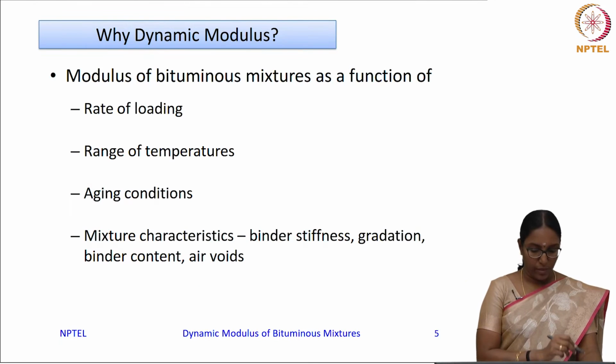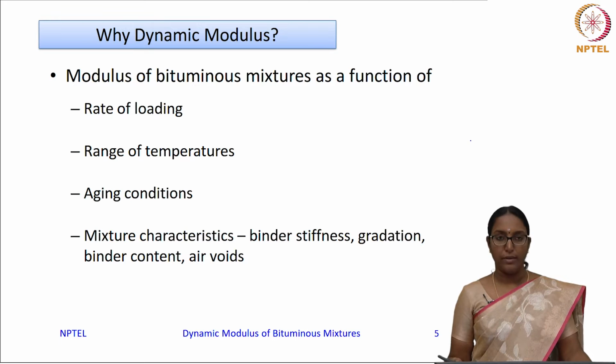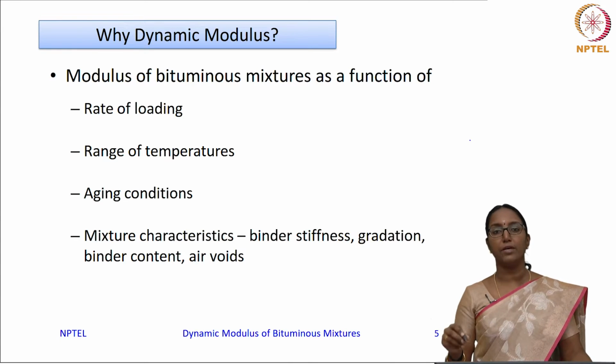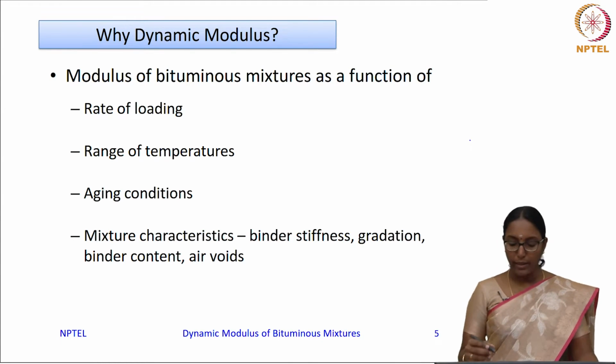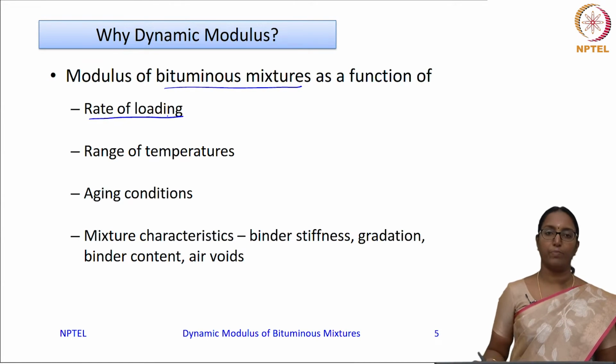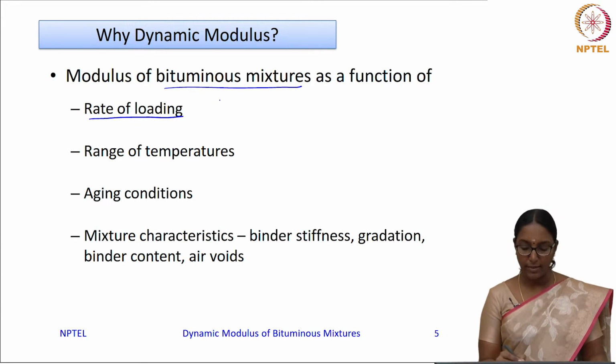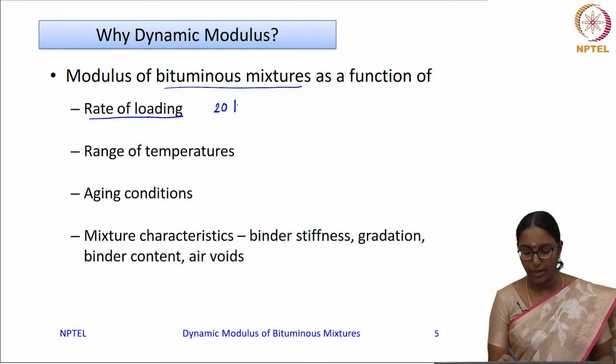So what essentially should be the characteristics of this modulus is that this modulus is a function of various factors. We know that the bituminous mixture modulus can depend upon the rate of loading. Say for example, I have a vehicle moving on a pavement surface at a speed of around say 20 km/h.